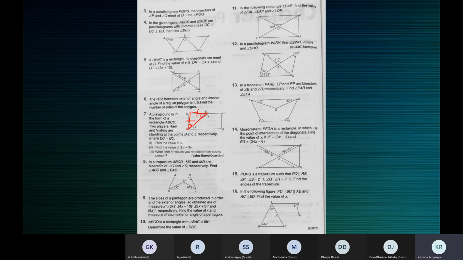Opposite to this side is this angle, opposite to this side is this angle. Children, look within the triangle. So these two angles will be equal. In triangle BCE, since BC is equal to EC, these two angles are equal.